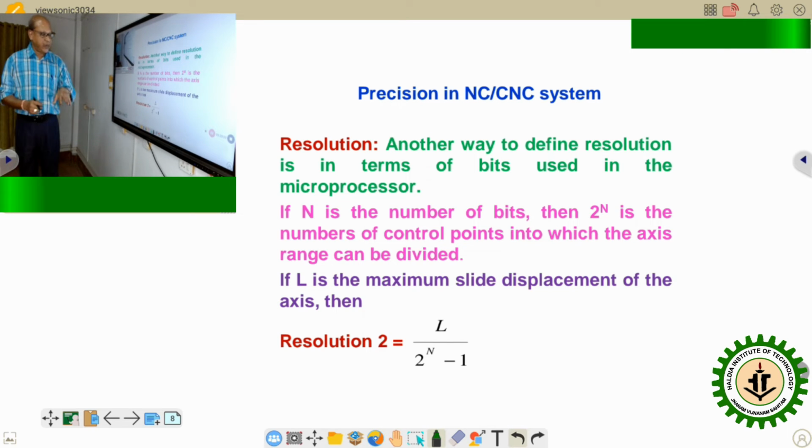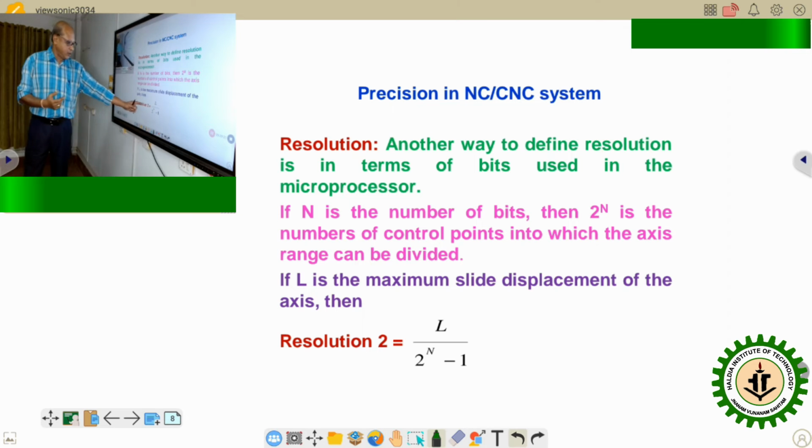Now finally, one comes from the mechanical system. In the earlier relationship, it was P by Ns into Rg. These are basically electromechanical system parameters: P millimeter is the pitch of the screw, Ns is the number of steps in the motor, and Rg is the gear ratio.